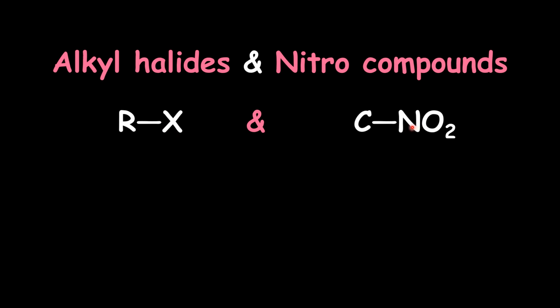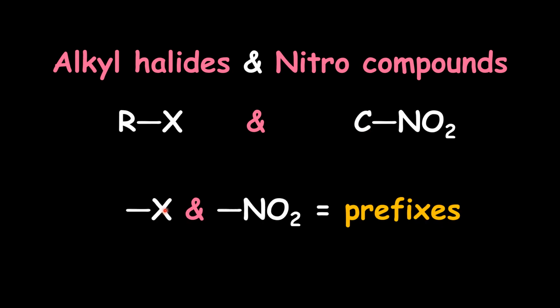Nitro compounds will have the general formula carbon connected to nitro group. This carbon containing group can be either alkylic in nature or arylic in nature. Halogen of alkyl halides and nitro of nitro compounds are always considered as prefixes, in particular secondary prefixes.